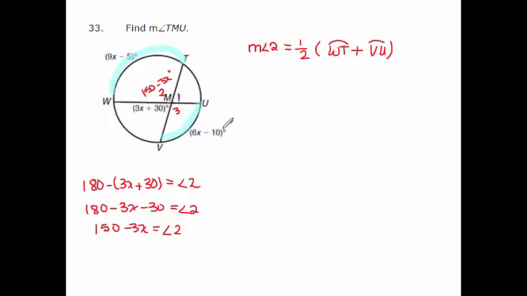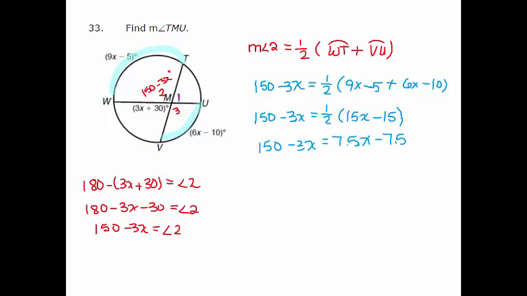If I substitute all of those expressions and simplify, I can easily solve for x and then plug in, find my actual angle measure. Okay, to solve for x, I'm going to start by adding 3x to both sides. Okay. 150 equals 10.5x minus 7.5.